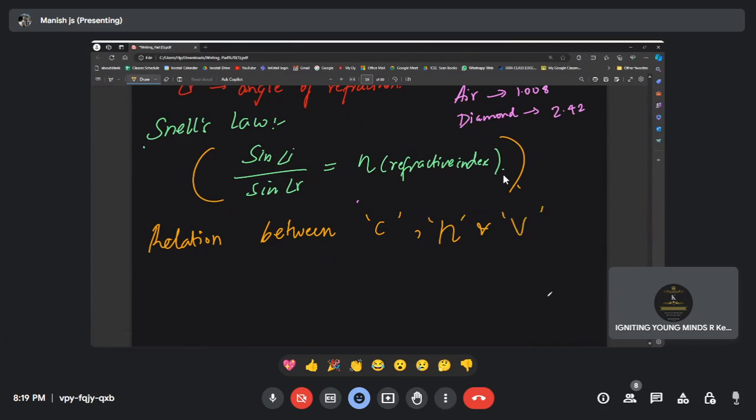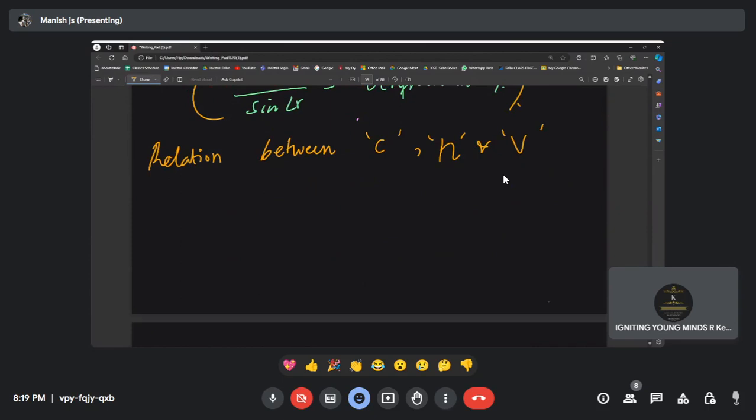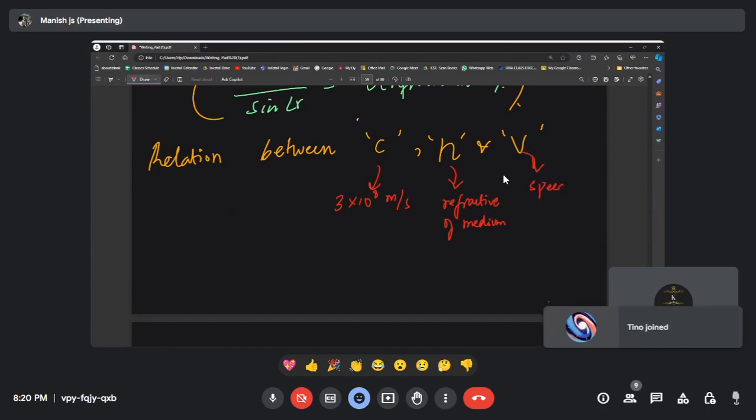So we are trying to relate all these three terms, where c is the speed of light in air or vacuum, whose value is 3 × 10^8 meters per second, n is the refractive index of the medium, and v is the speed of light in the medium.